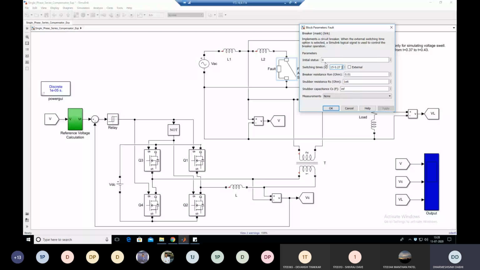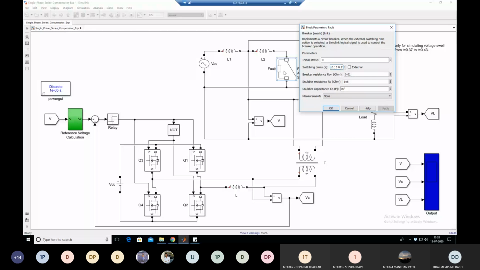Before this 0.15 second, the breaker is open. Between 0.15 and 0.27, this breaker is on, or you can say it is closed. So between 0 to 0.15 second, this breaker acts as an open switch.